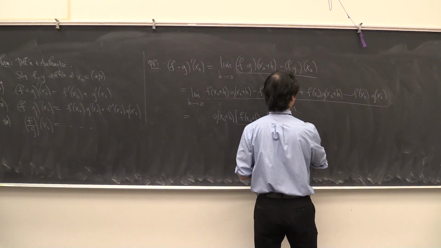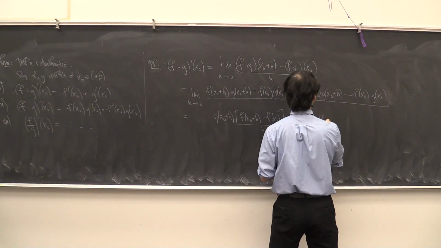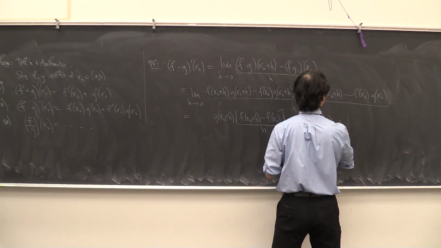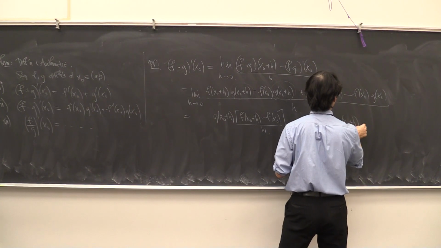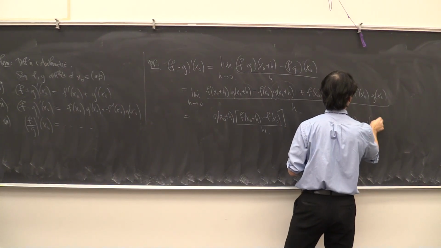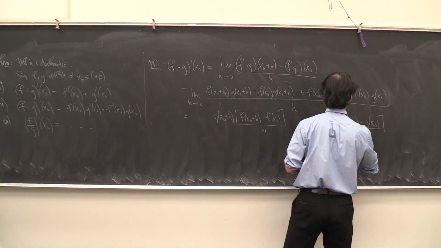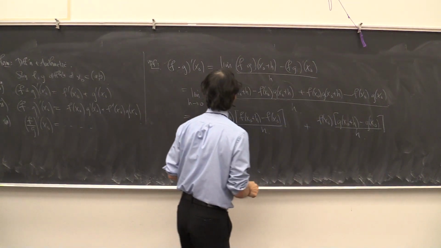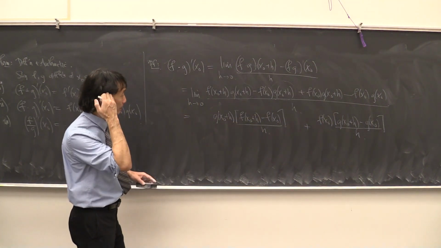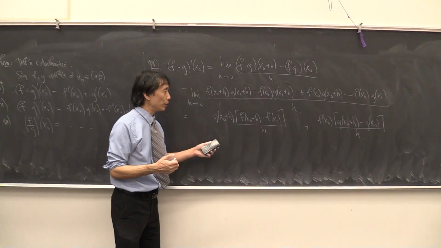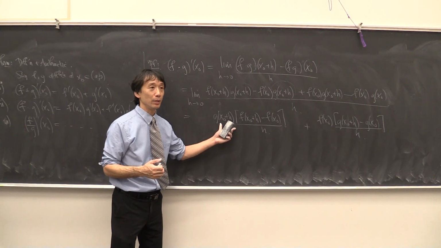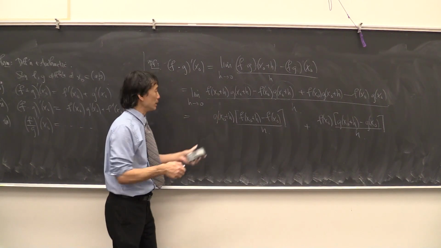We also have something similar here: f of x naught times g of x naught plus h minus g of x naught over h. And as long as we can show that both of these limits exist independently, then this move is legitimate.